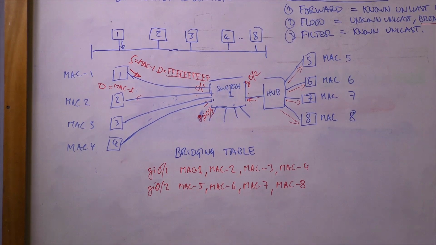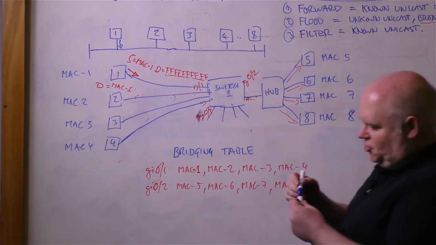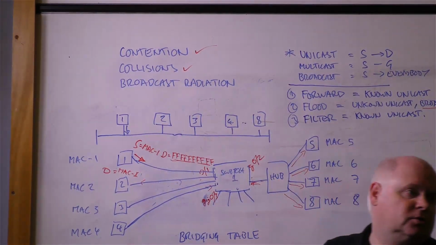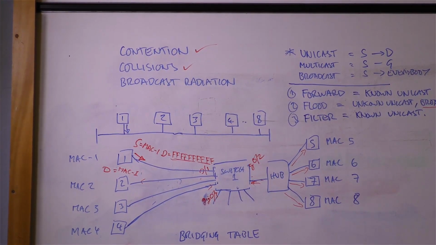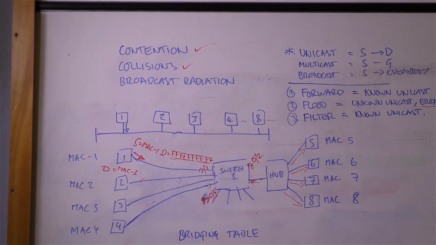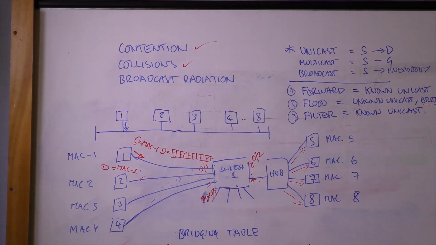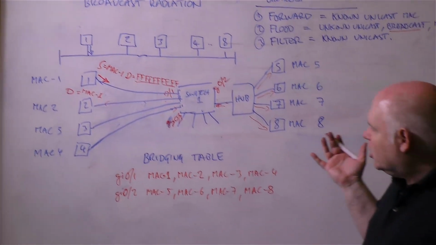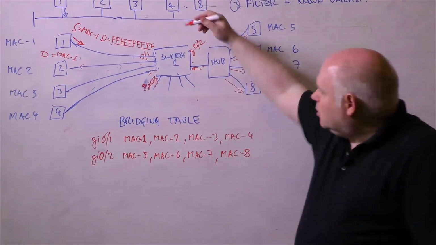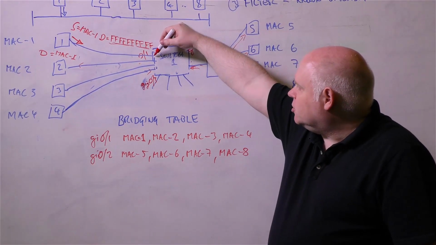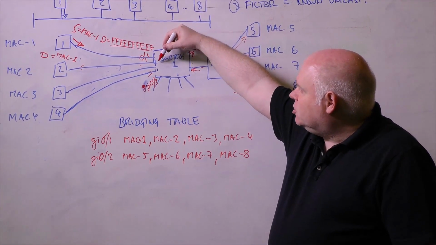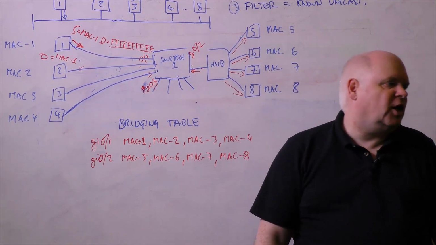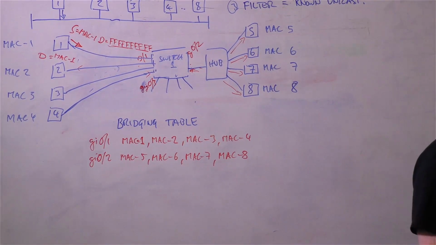By doing that, we solved the second problem, which was collisions. So now there can be no collisions on the segment if it's not shared with anyone. If we have one computer attached to its own network segment, then you don't have any collisions. So each device gets its own port on the switch, which is normal networking now. Okay? Has been for a long time.